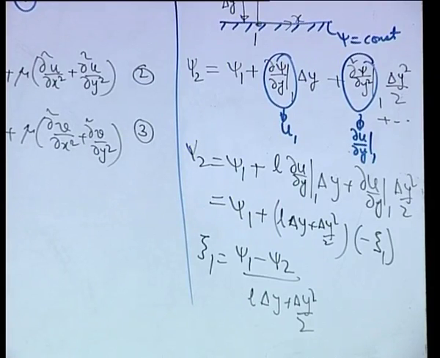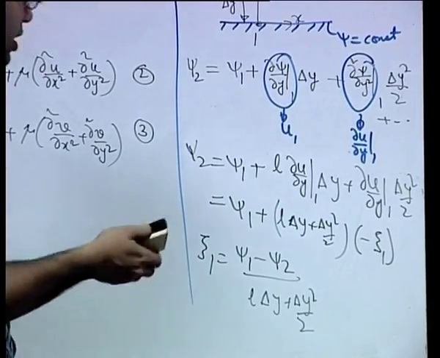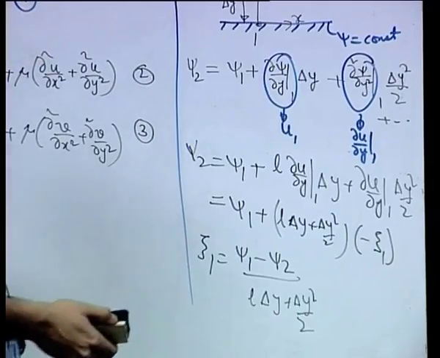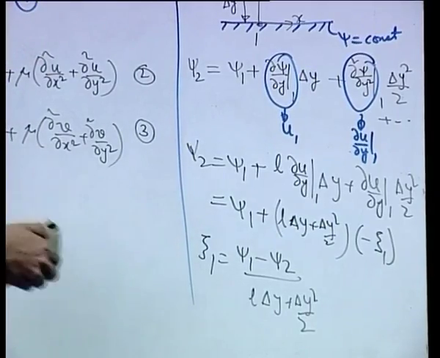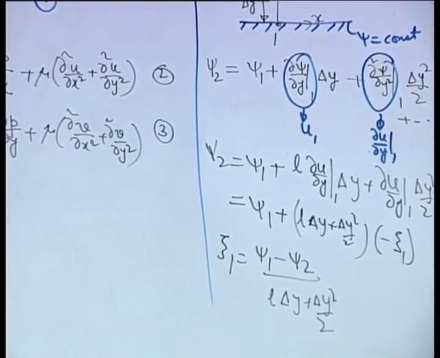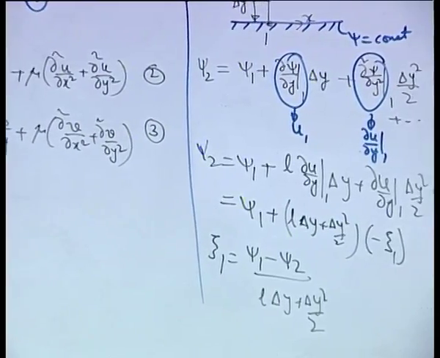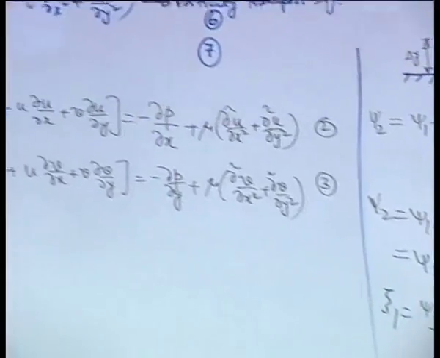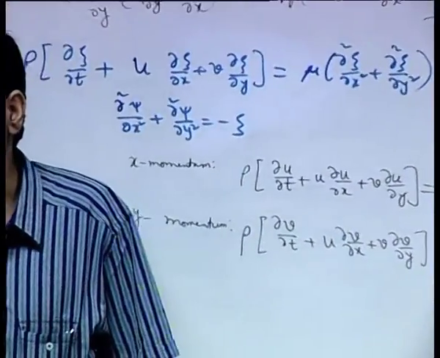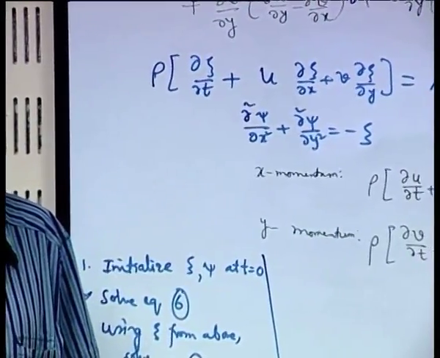Okay. Now, the next question is, once you know the vorticity and the stream function, can you get back the pressure? See, you eliminated the pressure because it created problems, but at the same time you may need to get back the pressure because pressure is an essential flow variable in many fluid flow problems.